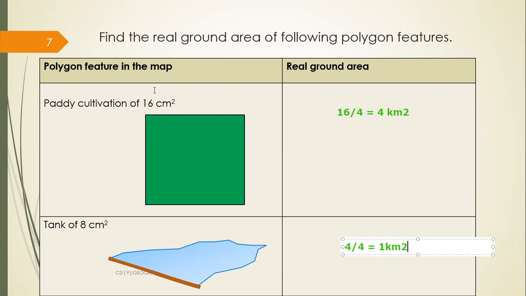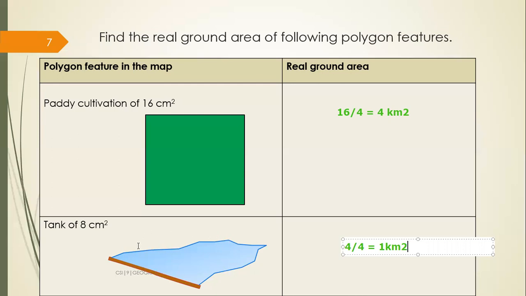To show 16 square centimeters, you should have one side 4 centimeters, other side 4 centimeters. But a tank is not a square-shaped one. Then approximately we measure from here to here 4 centimeters, or this side 2 centimeters.